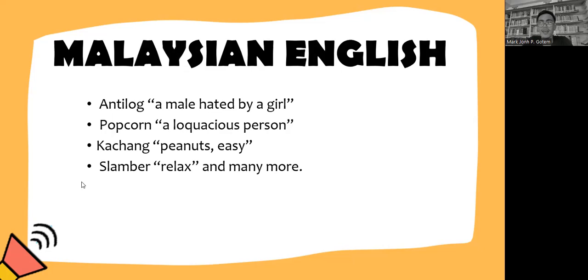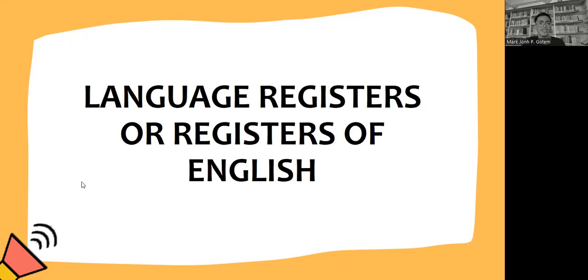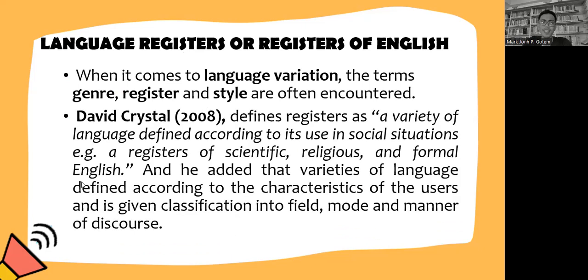Singaporean English, Philippine English, and Malaysian English. And now let's proceed with the language registers or registers of English. When it comes to language variation, the terms genre, register, and style are often encountered.